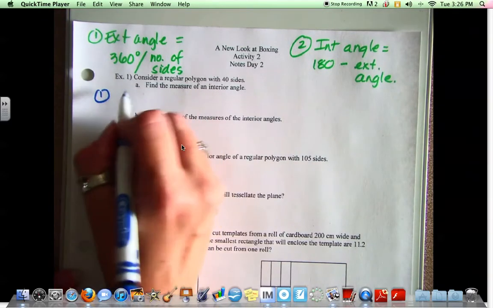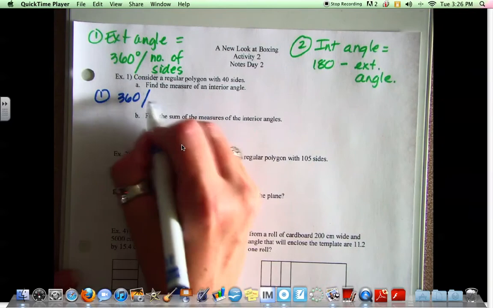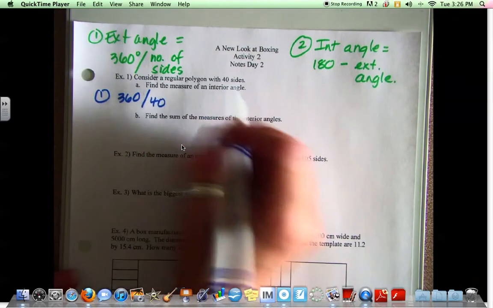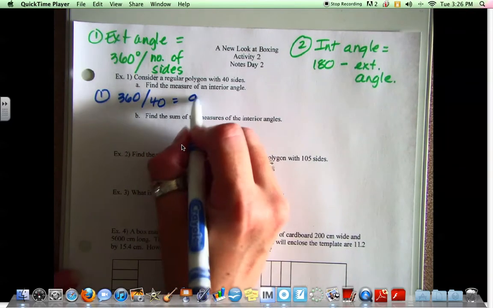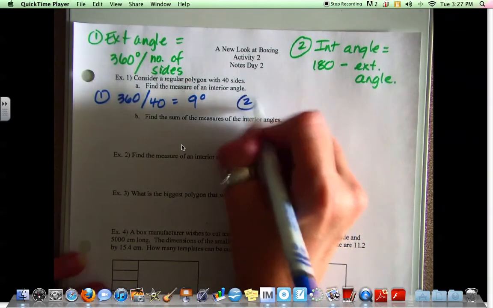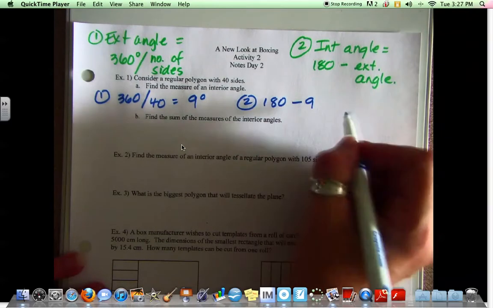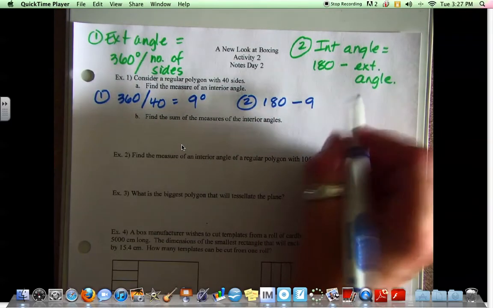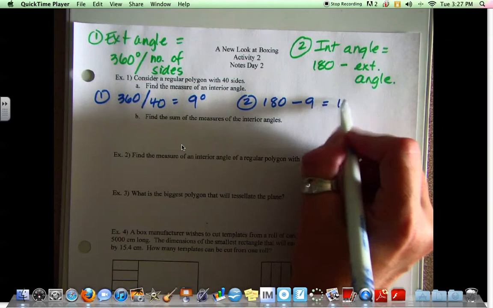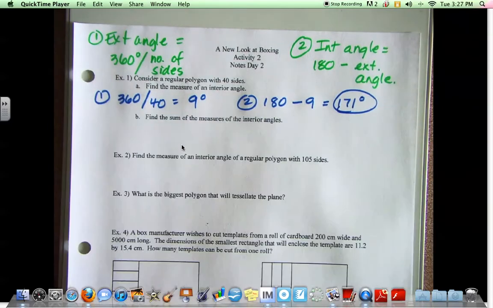So we have 360 divided by the number of sides, which is 40. And that gives us 9 degrees. The next step then is to find the interior angle. So we take 180 and subtract 9, because that's our exterior angle, and it gives us 171 degrees. And this is our final answer.